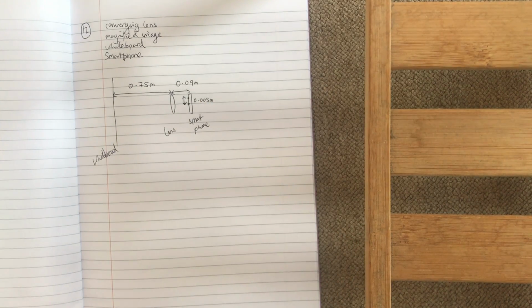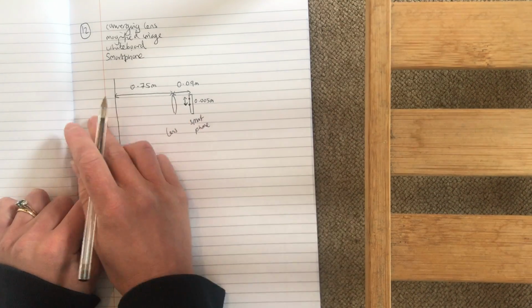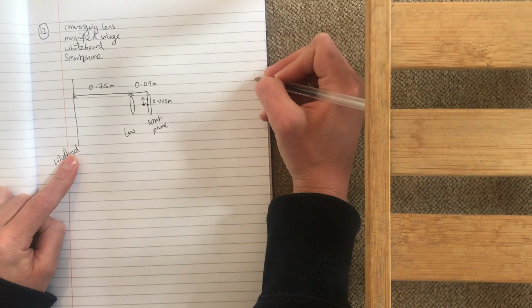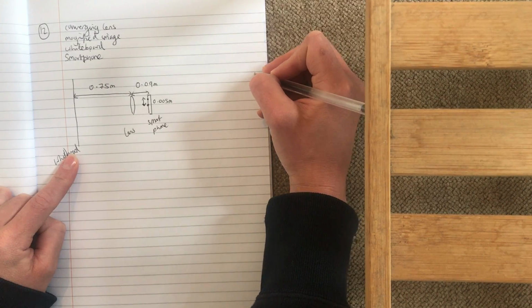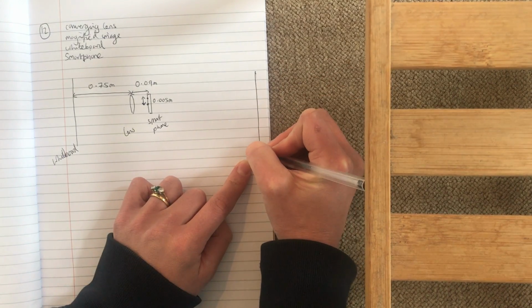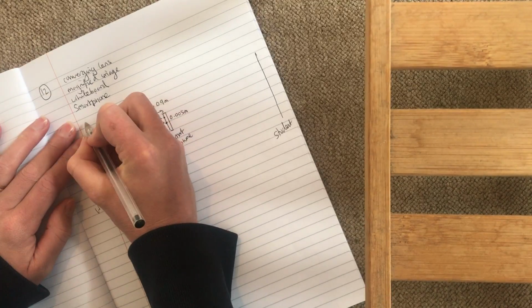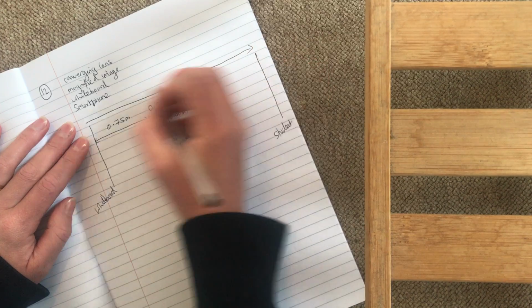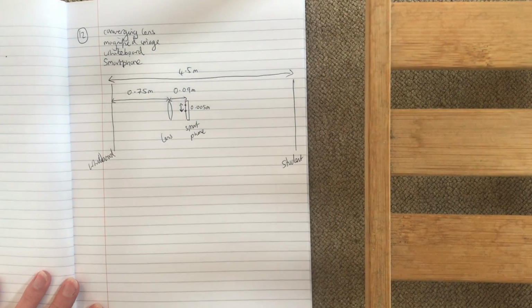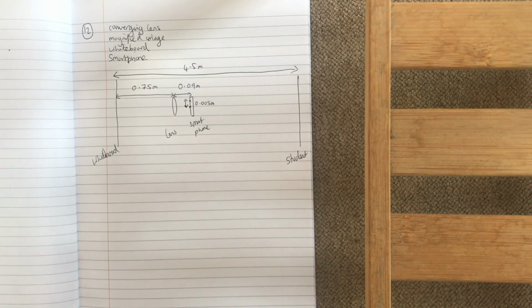And the student stood 4.5 meters from the whiteboard and viewed the image of the dots. So we've got the whiteboard, so we've got 4.5, so it's as far over as I can go. Here is our student, so I'm just going to draw them as a line. That's our student, and that distance there is 4.5 meters.